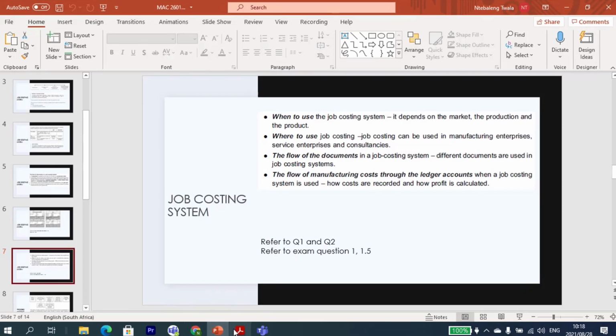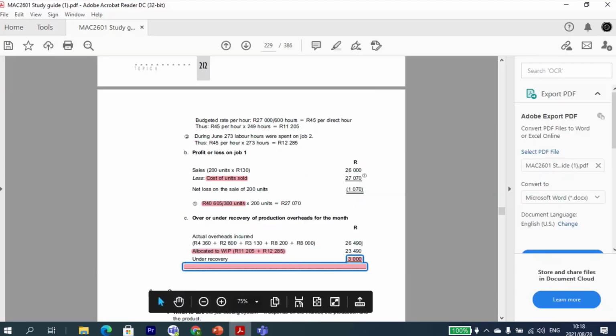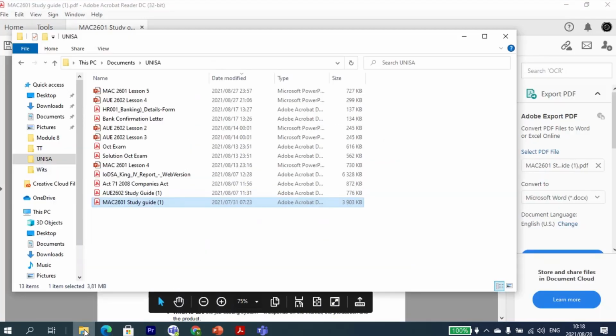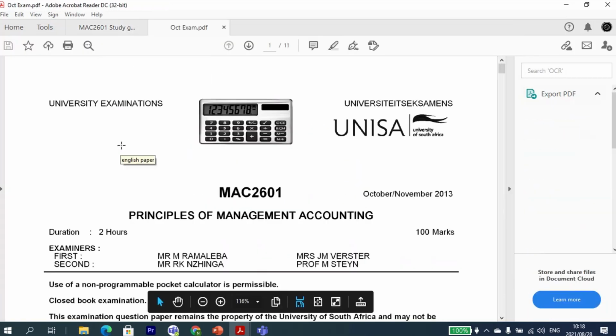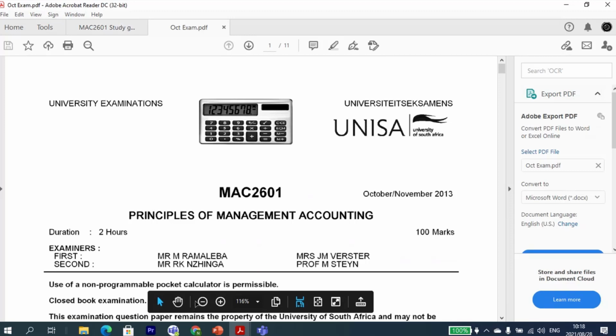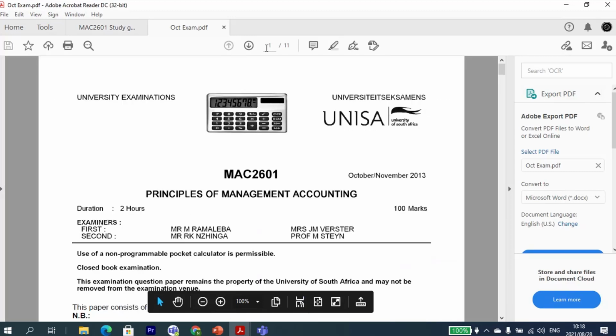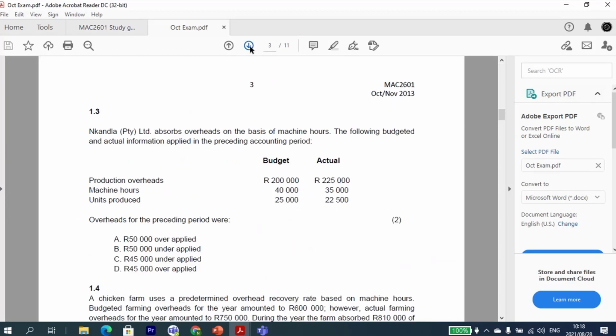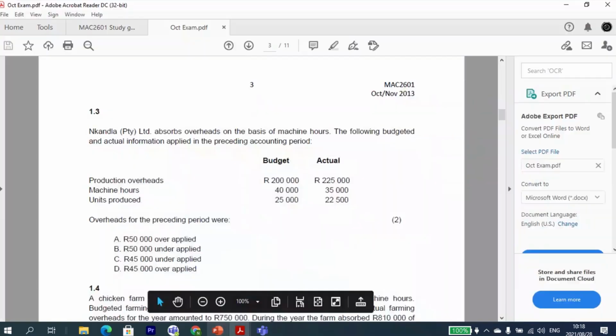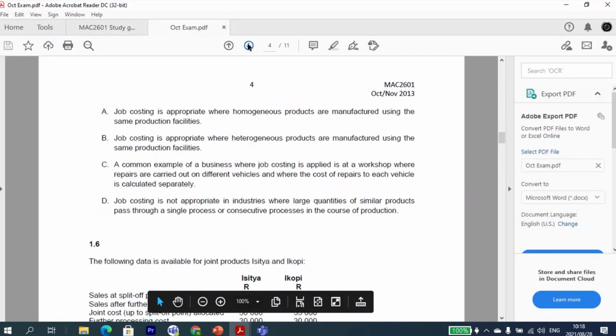So now I want us to look at the exam paper. It was the October 2013, question 1.5. It's a multiple choice.